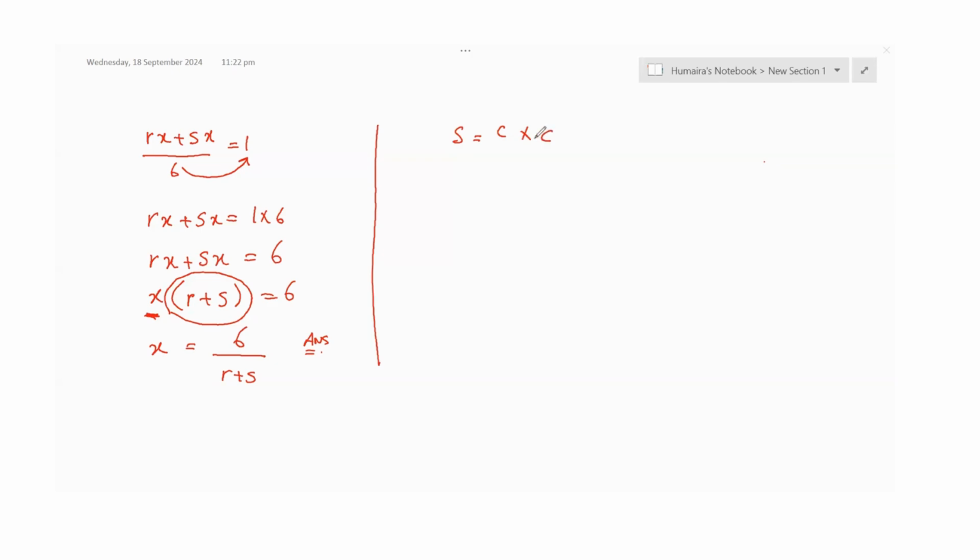Yeah. I think there is T here. Can you confirm it, please? Okay. Where are you? In 22? In 23. Okay, 23. S equals C plus XC. Okay, so plus XC. Okay.